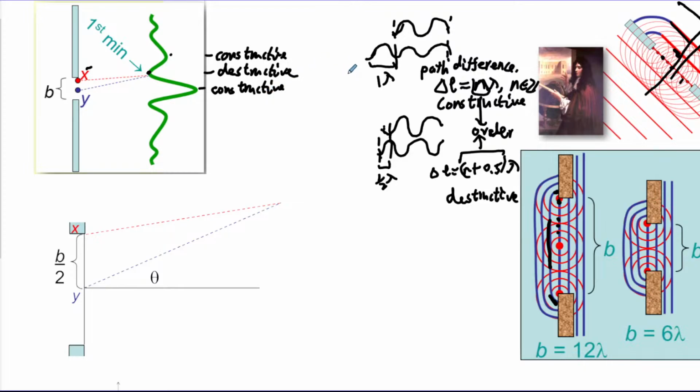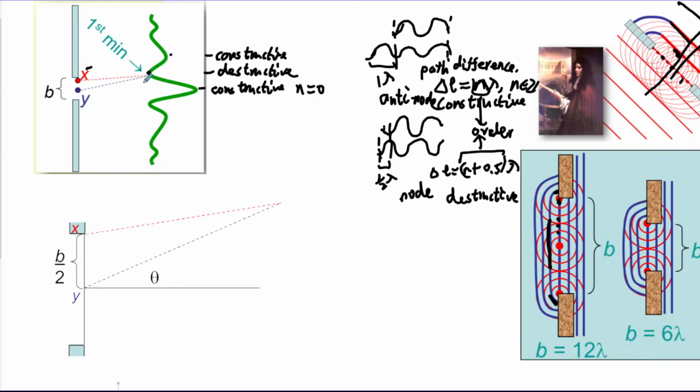We describe the order of those antinodes, which we call the constructive ones. This is called a node. The constructive antinodes, we give them an order number. In the middle we call it order 0, because it's directly in the middle, so all the waves travel about the same distance to the center, so there's no path difference.